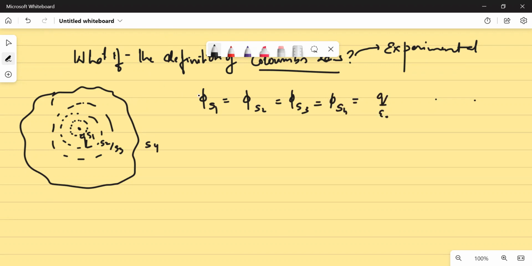So you can understand that net flux enclosed is equal to the total charge enclosed divided by epsilon, provided these surfaces enclose the charge, irrespective of their shapes, their radii, or anything.